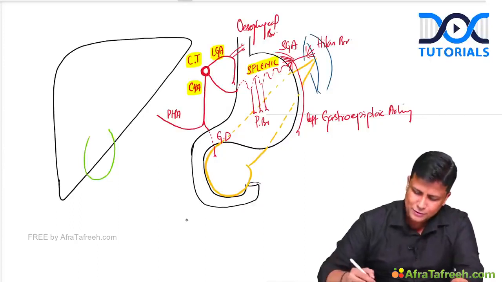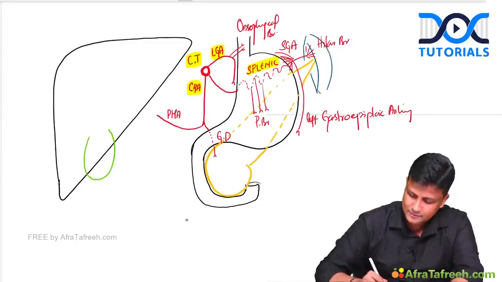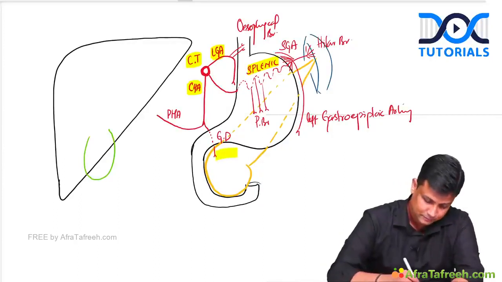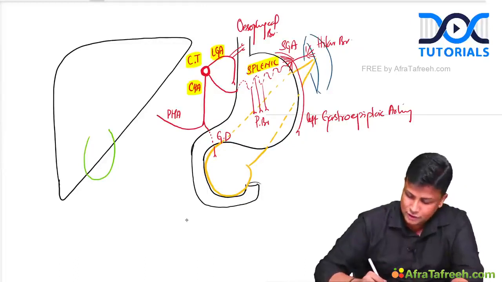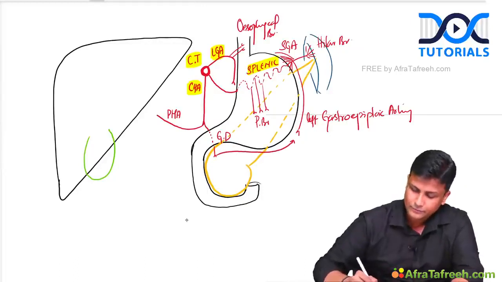Out of these two, the gastroduodenal artery is very much easier here, guys. It will be giving a branch along the greater curvature here, and that one will be the right gastroepiploic artery.